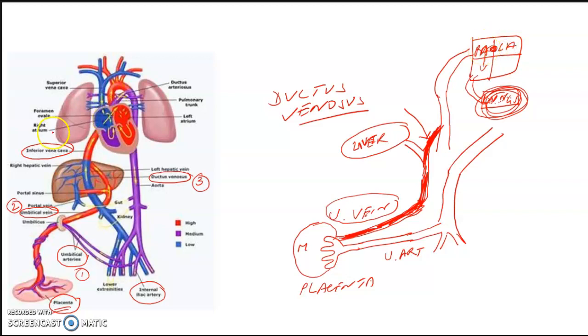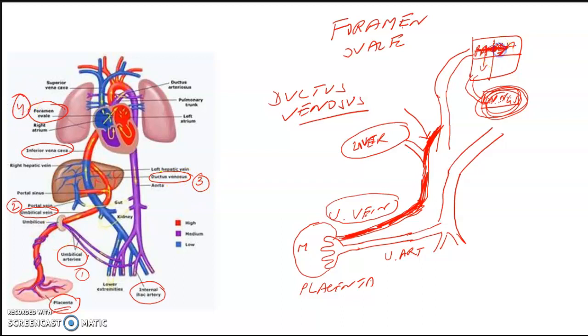Directly you can see is a hole, and this hole will allow the passage of blood directly from the right atrium into the left atrium, and this is called the foramen ovale. Okay, so this is modification number what? So here is the modification number 4.